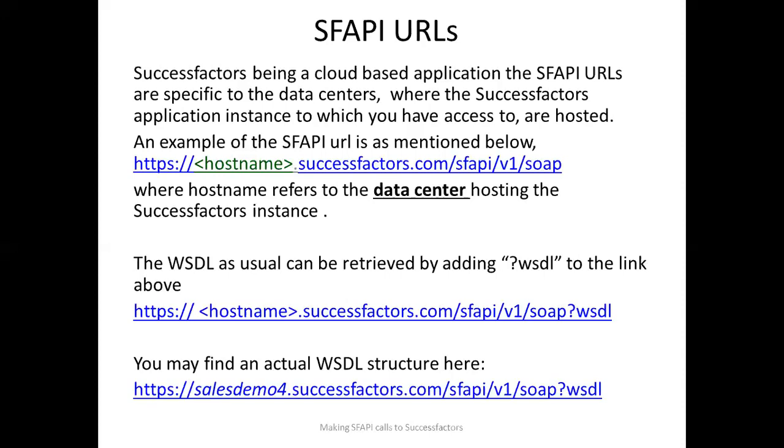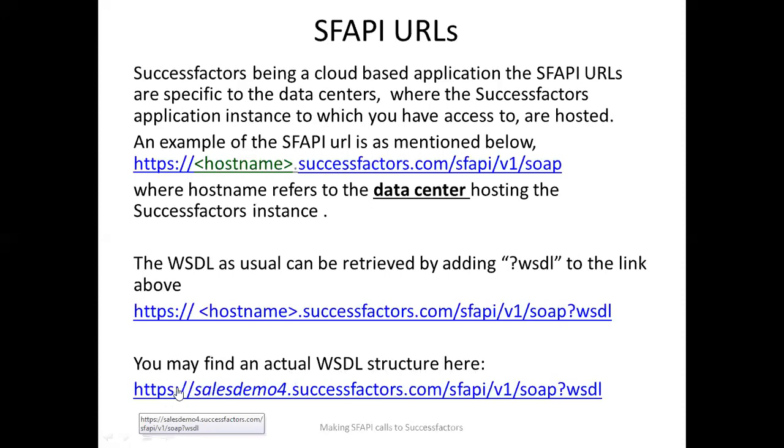The WSDL: in order to make a web service call, SFAPI, which is a SOAP-based web service call, the WSDL for that can be retrieved by adding ?wsdl to the data center URL. So towards the end, as you can see, ?wsdl. Now you may find an actual WSDL structure over here.